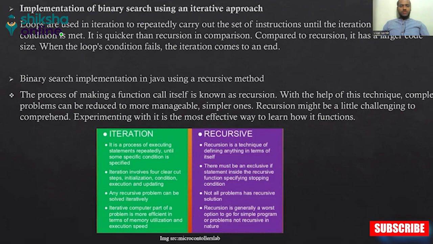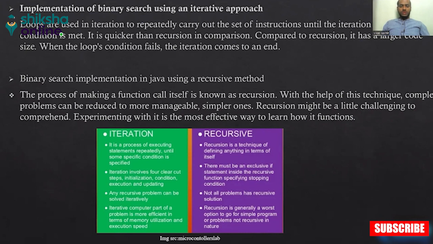Any recursive problem can be solved iteratively, but not all problems have a recursive solution. Whatever recursive solutions there are, we can solve iteratively, but not all problems have a recursive solution. That is one disadvantage of recursion. And the iterative approach is more efficient in terms of memory utilization and execution speed.